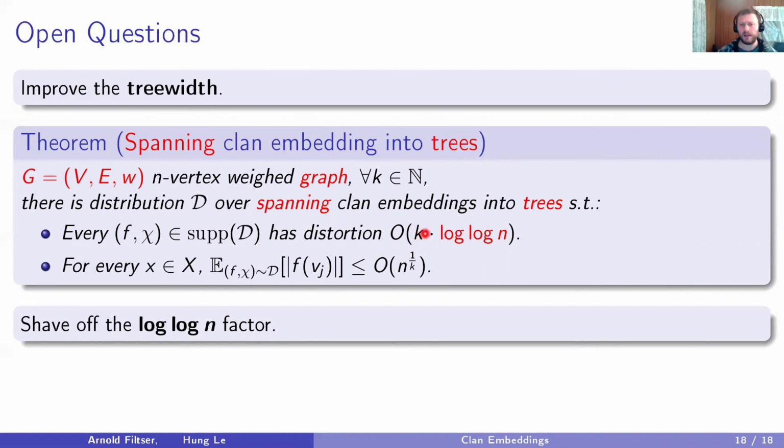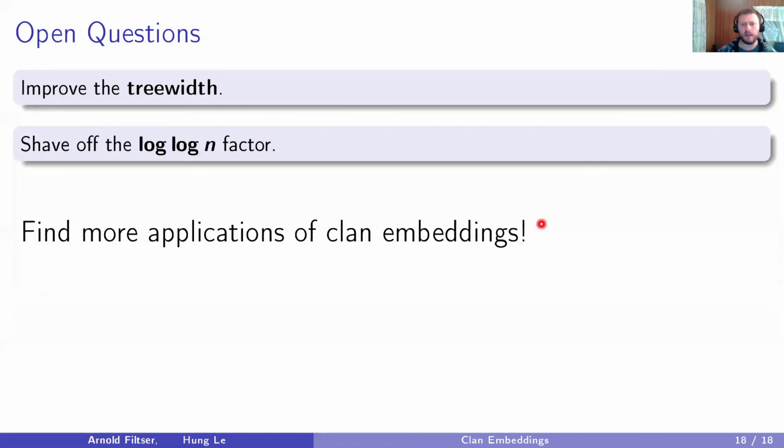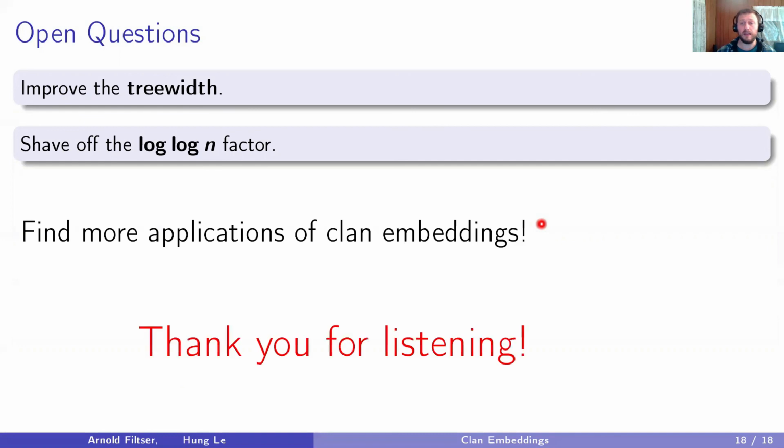But let me just say that we have similar problems in other types of embeddings, for example, even in classic stochastic embeddings into spanning trees there are log n factors, also in the Ramsey type. So every time you have subgraphs and spanning versions, log n factors pop up, and we currently don't know how to remove them. But the final, and I think most interesting, open question we're leaving for you today will be just to find more applications for this new tool of clan embeddings. That's it. Thank you for your time.